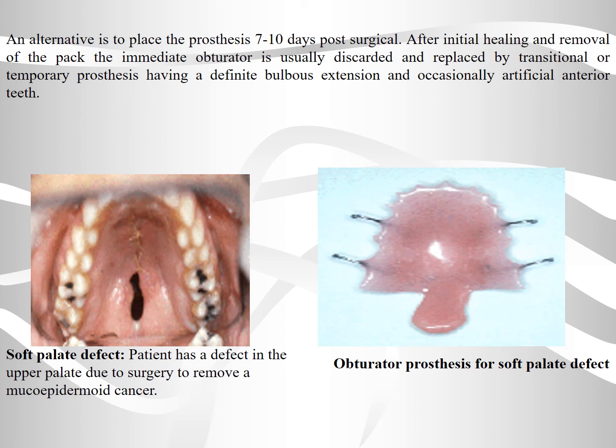In the left photo, you can see a soft palate defect. The patient has a defect in the upper palate due to surgery to remove a mucoepidermoid cancer. On the right side, you can see an obturator prosthesis for the soft tissue, where a soft palate defect has been created.